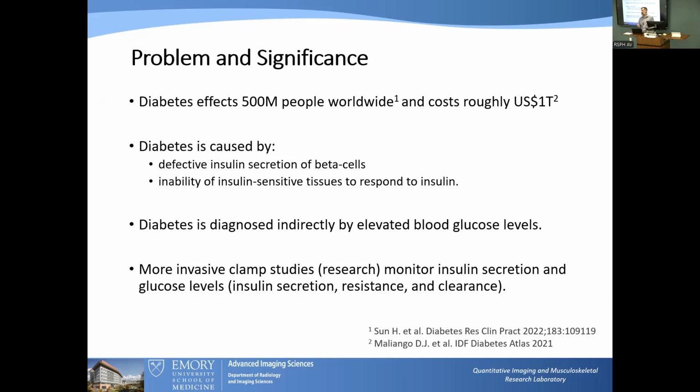They're not direct measurements of the beta cells themselves. We can all acknowledge that having a direct measure of beta cell activity, and being able to quantify both the volume of active beta cells and their distribution and relative level of activity, would be extraordinarily beneficial in approaching this problem of diabetes.